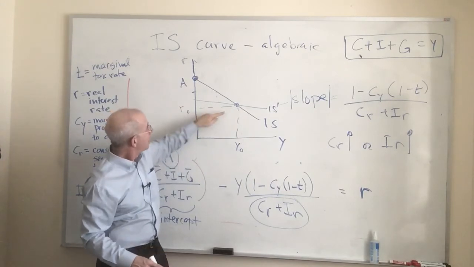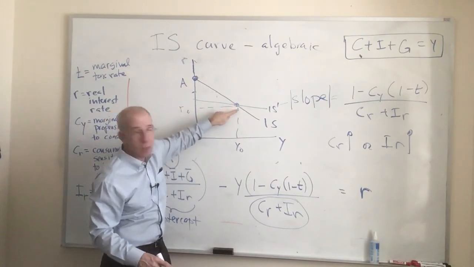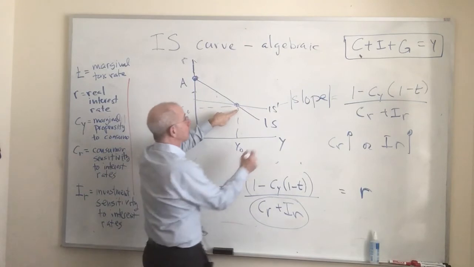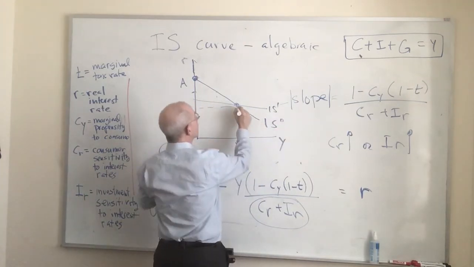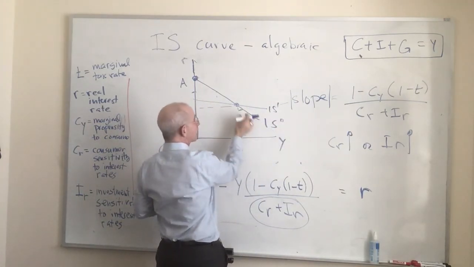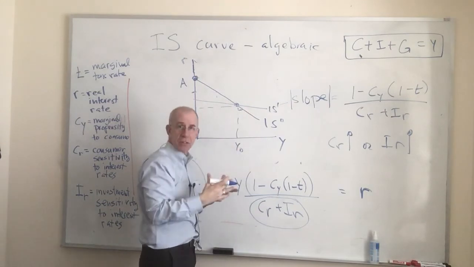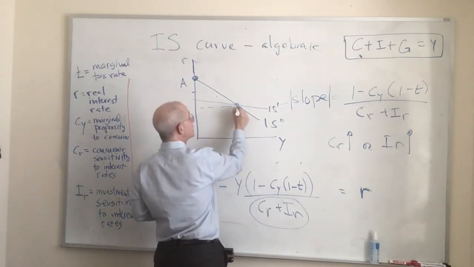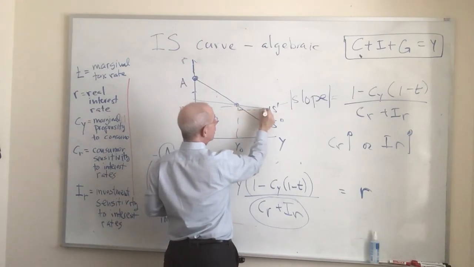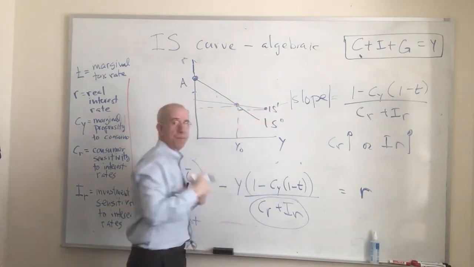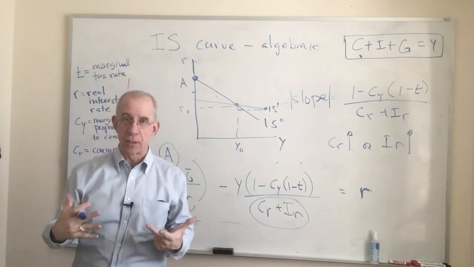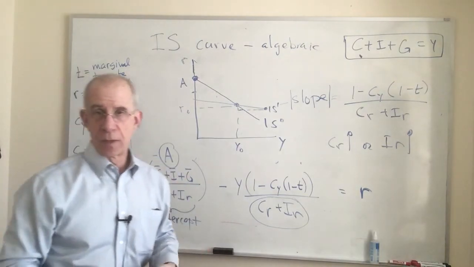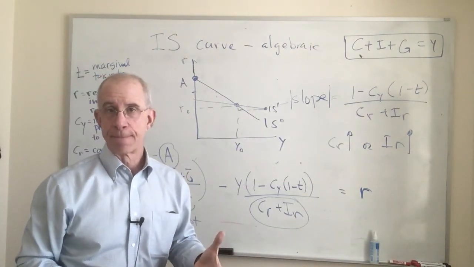So, if interest rates fall a little bit, with the original IS curve, we only have a small increase in national income. But if consumers and investors are very sensitive, that same change in the interest rate will cause a big change in the level of national income associated with equilibrium in the goods market.